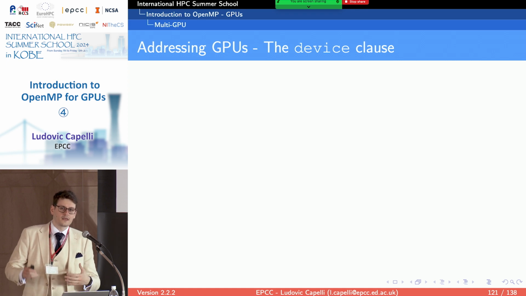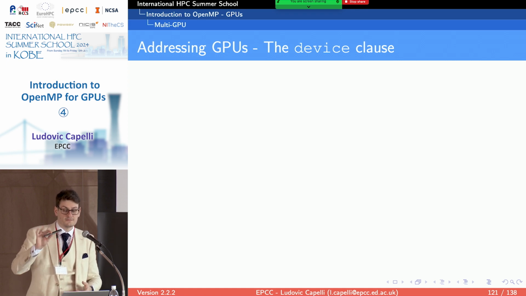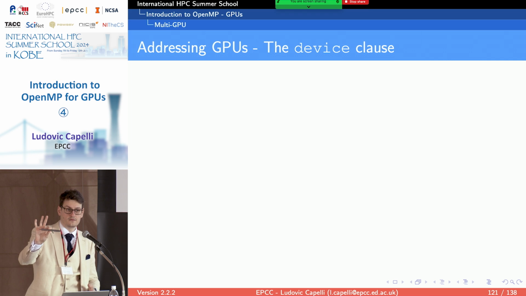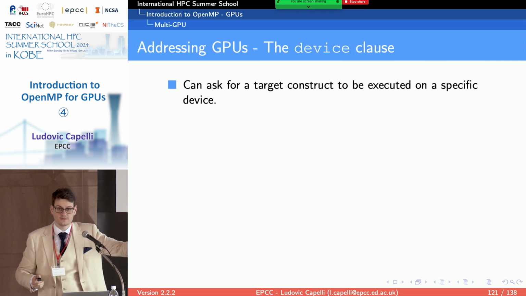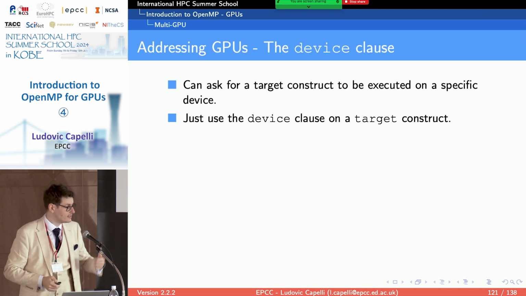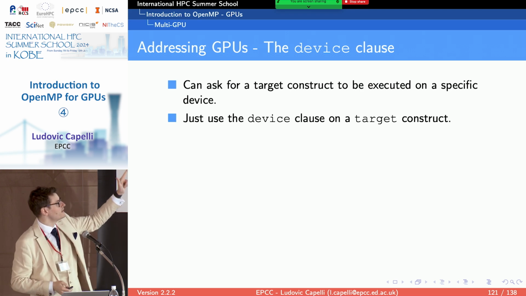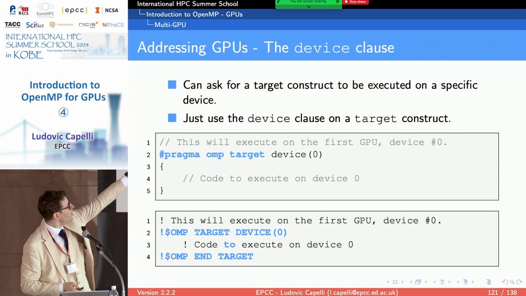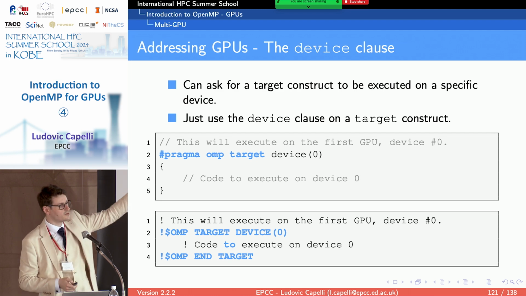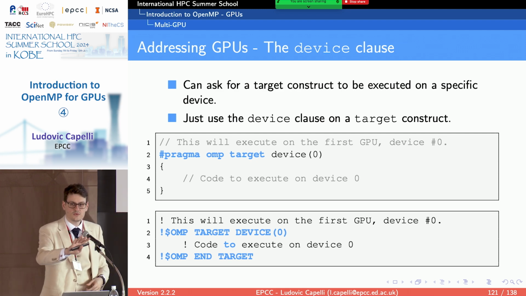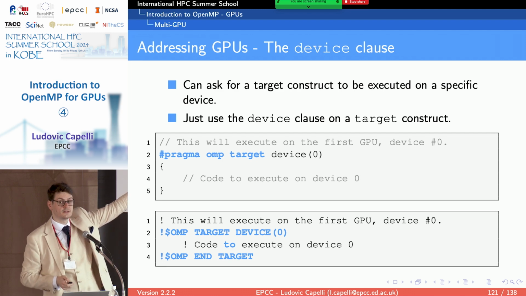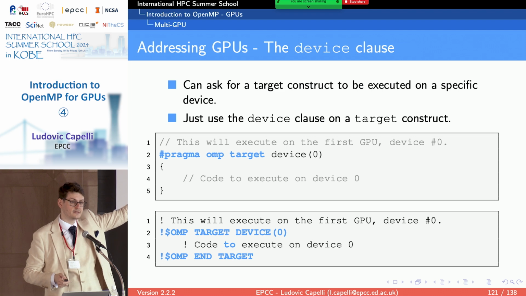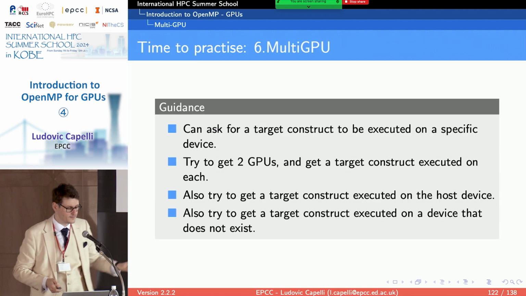Now, you can ask for a specific target to be offloaded to a specific device, just by using the device clause. So you say, this target goes on device 0. Regardless of what the default is, which applies if you don't pass device. If you clearly say device something, it will go there.